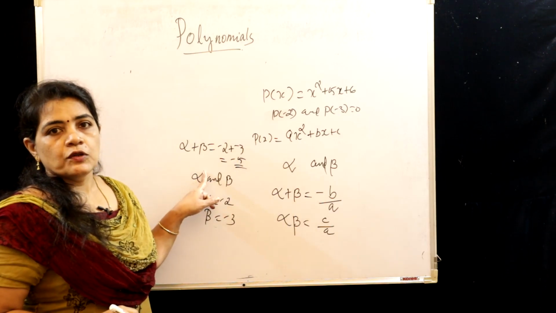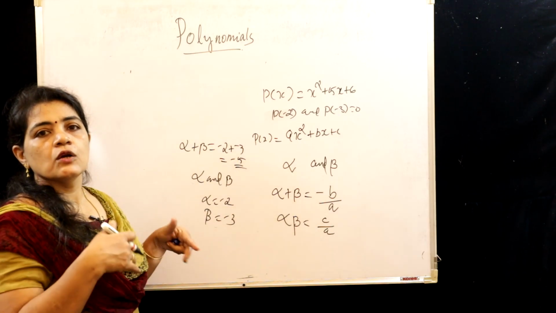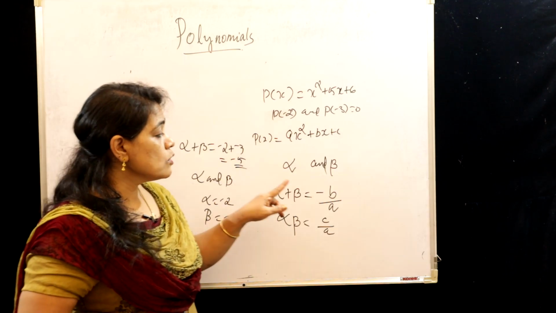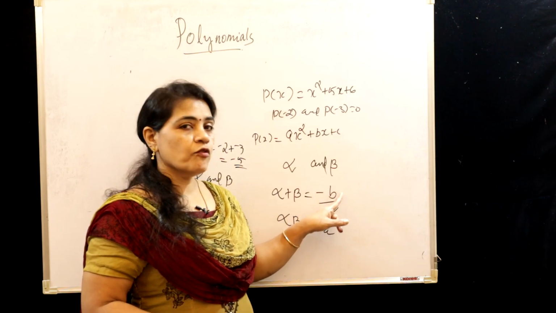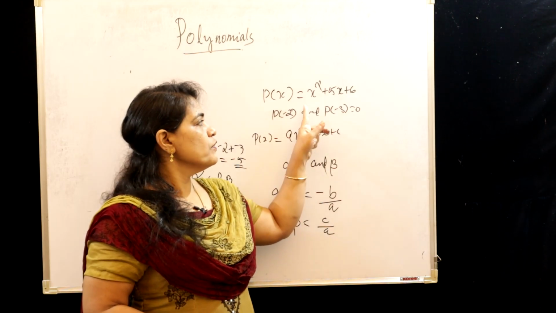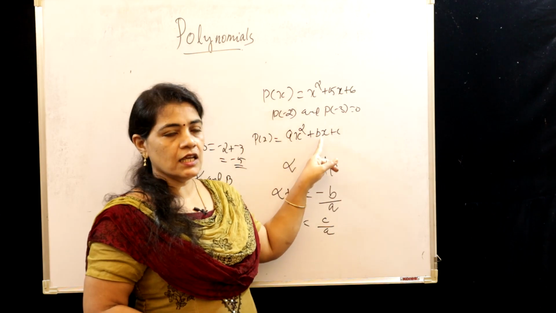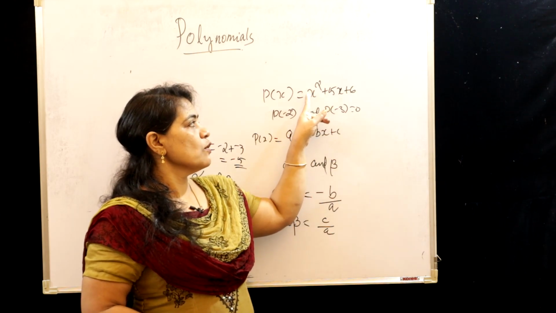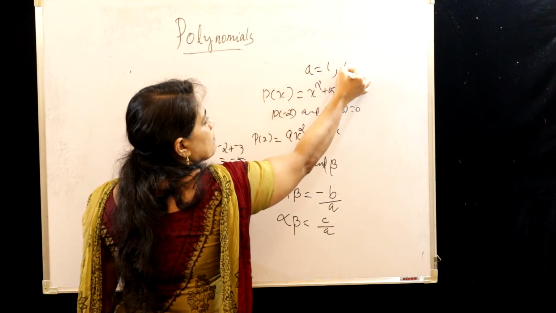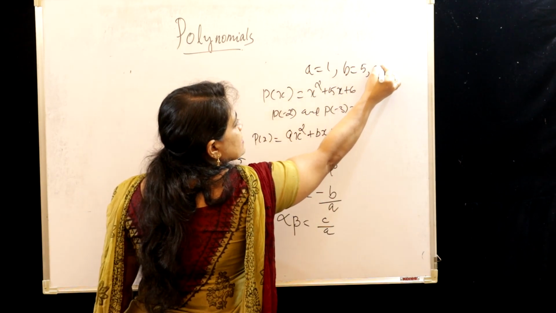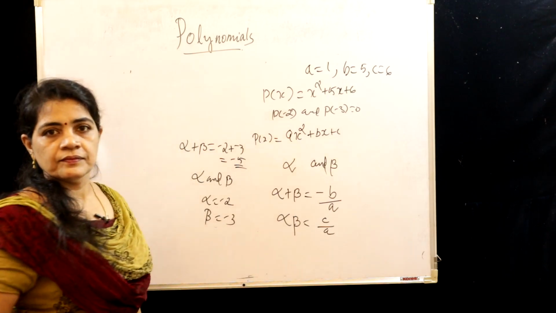This will be equal to the sum of the zeros. What is it in terms of the coefficients? That means minus b by a. You can compare the coefficients with the general equation: a is equal to 1, b is equal to 5, and c is equal to 6.